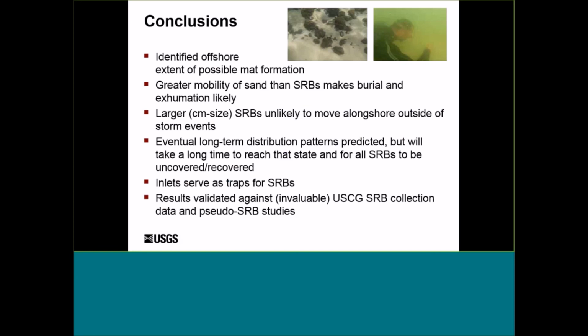The larger SRBs are unlikely to move under lower wave energy conditions, but they can move around during storm events. We predicted these long-term distribution patterns, but because of burial and exhumation, it's going to take a long time to reach that pattern, if in fact it ever does, because once they get unburied, people start to collect them and so forth. Inlets serve as traps for SRBs, so finding a bunch of SRBs in an inlet is not necessarily indicative of a mat located there.